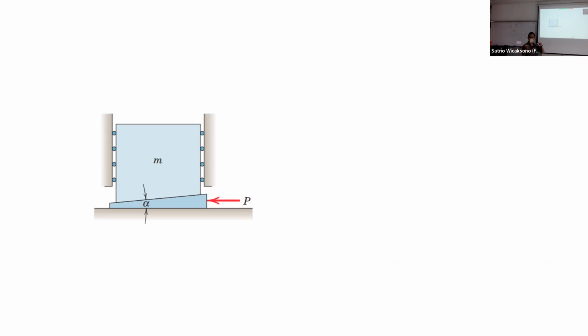The one that we calculate here is the condition of impending motion, because we use mu S times T and mu S times N. So in order to ensure that the wedge is going in, the force is supposed to be more than the force that we calculate here, because that one is impending motion.